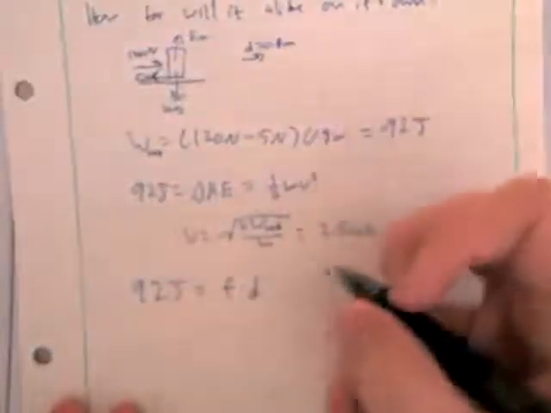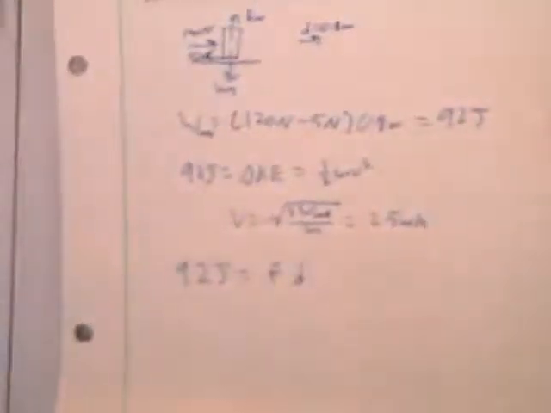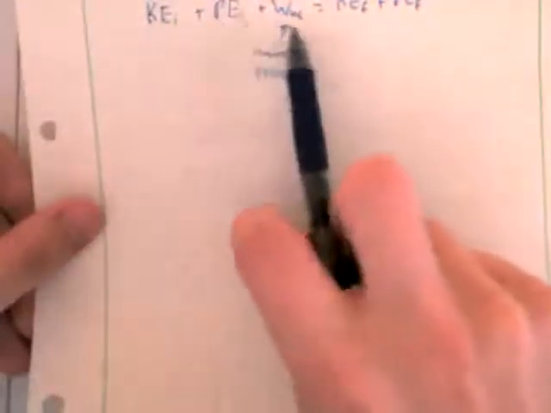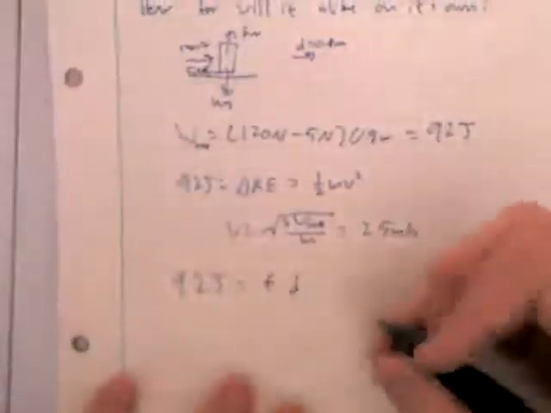And then, of course, we can solve for distance this way, or we can think of it with the formula that we just derived a few minutes ago, our conservation of mechanical energy, but we're not actually conserving it this time because we have the non-conservative force of friction acting. We can say, what did we start with?